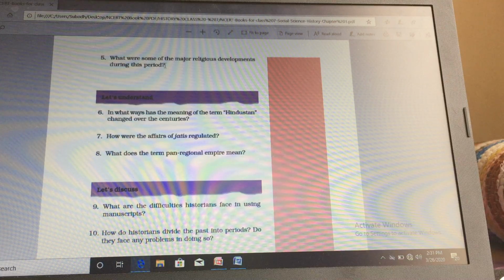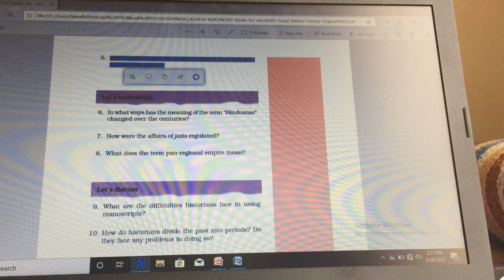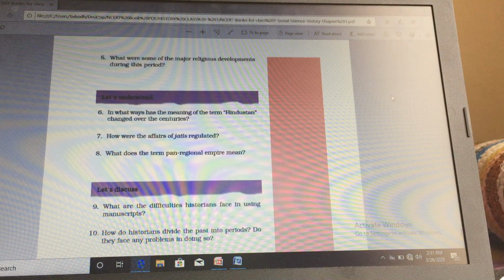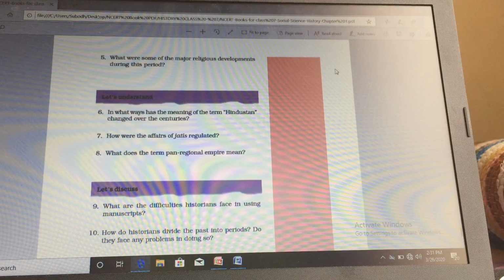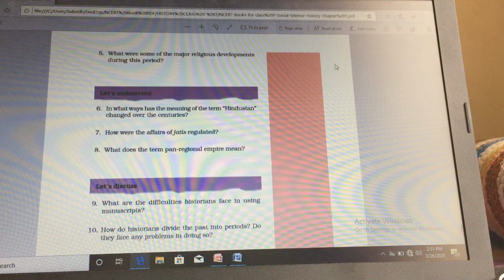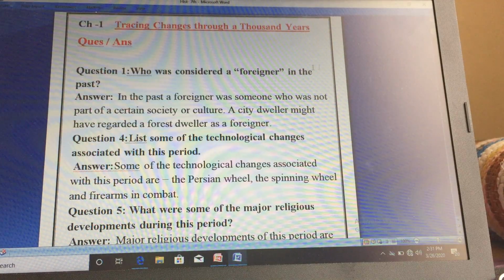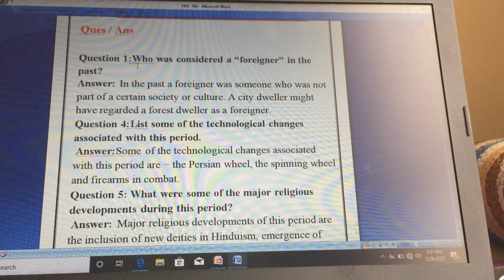Let's move on to the next question. What were some of the major religious developments during this period? Yes, there were many religious developments as well. So here is the answer.